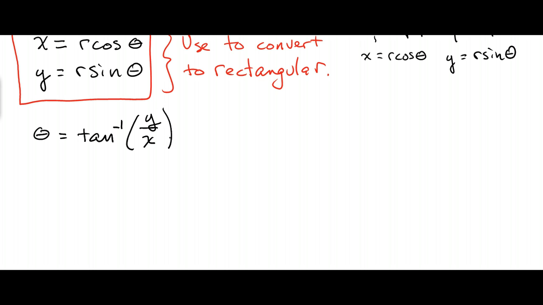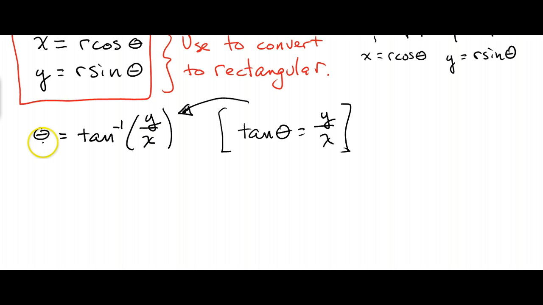If you remember back from when we did our trig unit, solving for angles, we did tan inverse. So really what I'm starting with here is tangent theta is equal to y over x. And then if I wanted to solve for theta, I would just do the tan inverse of both sides, and then I would end up with this. So I've got theta equals tan inverse y over x.